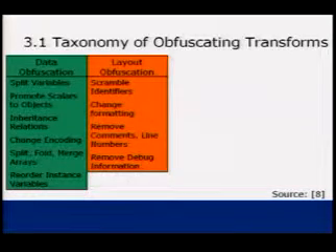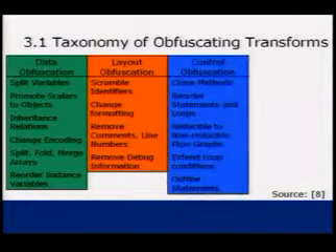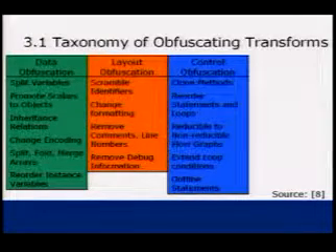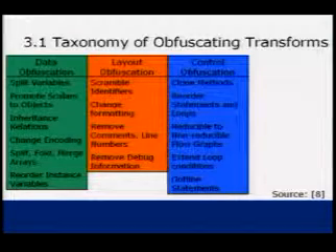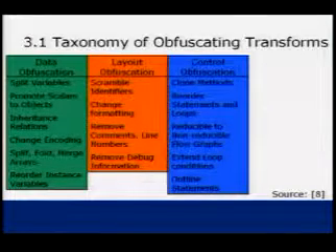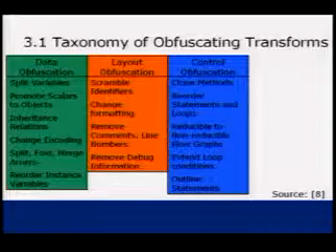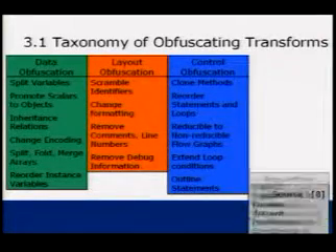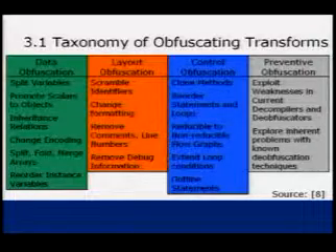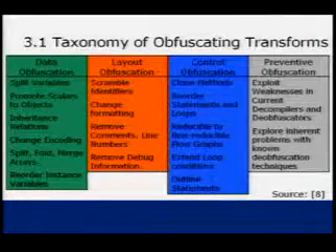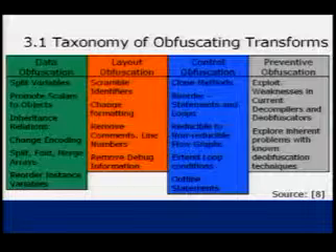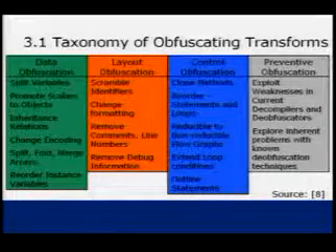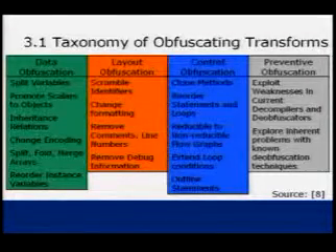You've got layout obfuscation, so scramble identifiers, formatting, etc. You have control flow obfuscation, if you like: clone methods, reducible loop and extended loop conditions, outline statements. And finally, you've got transforms which are in place for people like you and me, to make the process of deobfuscation harder and a lot more difficult.